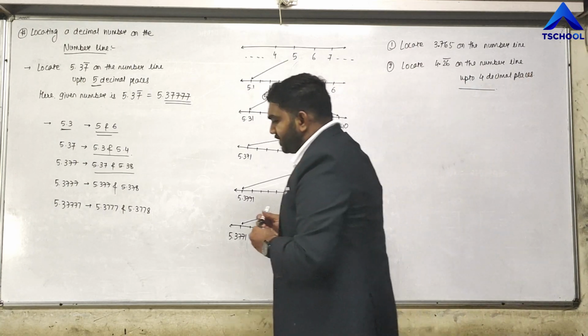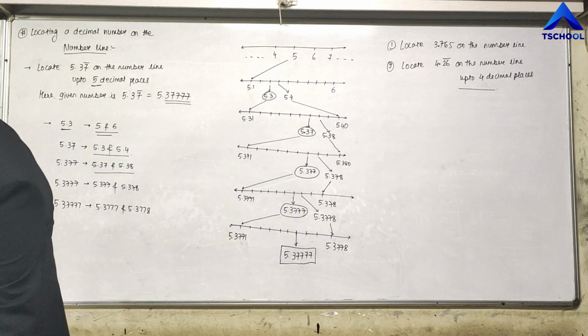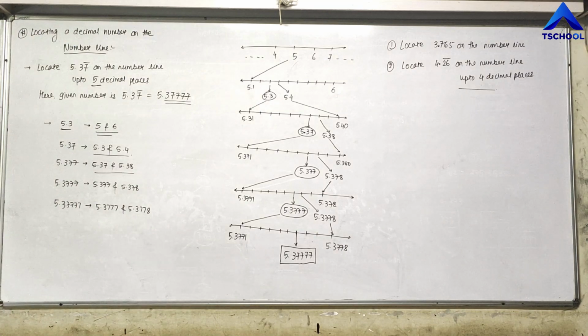Is it clear, friends? So you are going to locate these two, that is 3.765 on the number line and 4.26 bar on the number line in your homework or in your self-study work. Is it clear? So that's it about how to locate a decimal number on the number line.